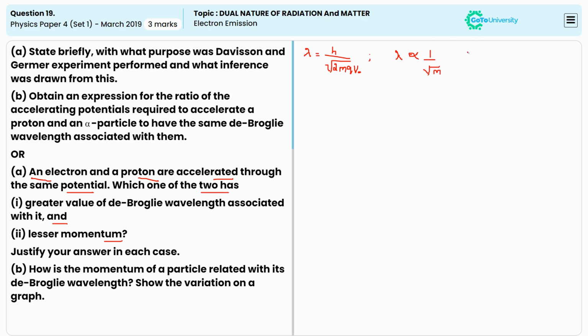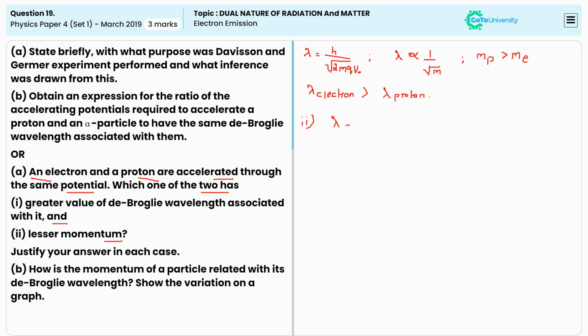Then we can say here that the mass of the proton is greater than the mass of the electron. Therefore, the lambda of the electron is greater than the lambda of the proton.